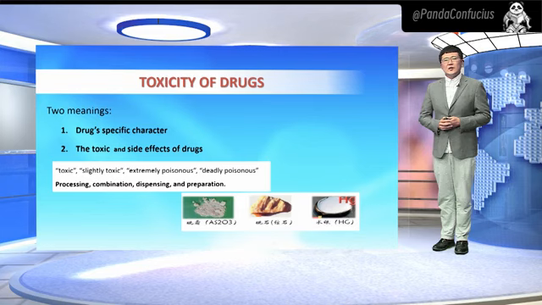The second, the therapeutic dosage approaches the toxic range or is already within the toxic range, or the therapeutic dosage may cause severe side effects. As stated in the literature on herbal medicine, some drugs are marked with toxic, slightly toxic, extremely poisonous, and deadly poisonous.